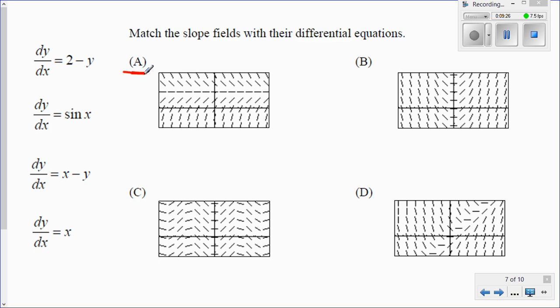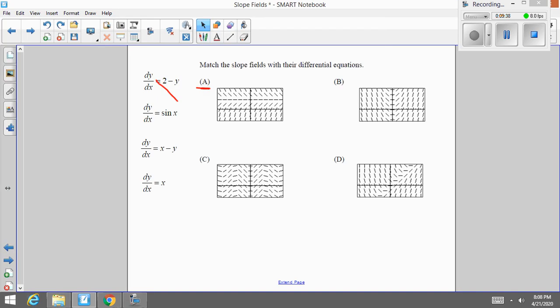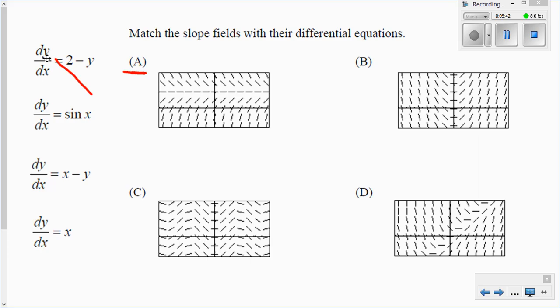So A would have to match with dy/dx equals 2 minus y. So that would match with slope field A. All right, let's go to B now.